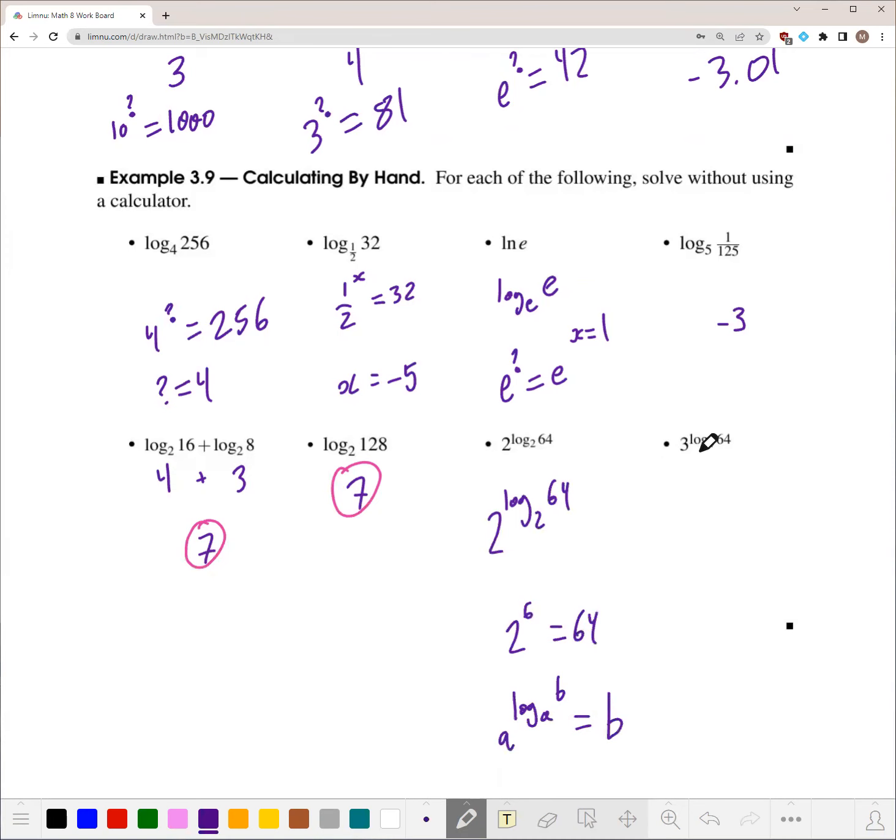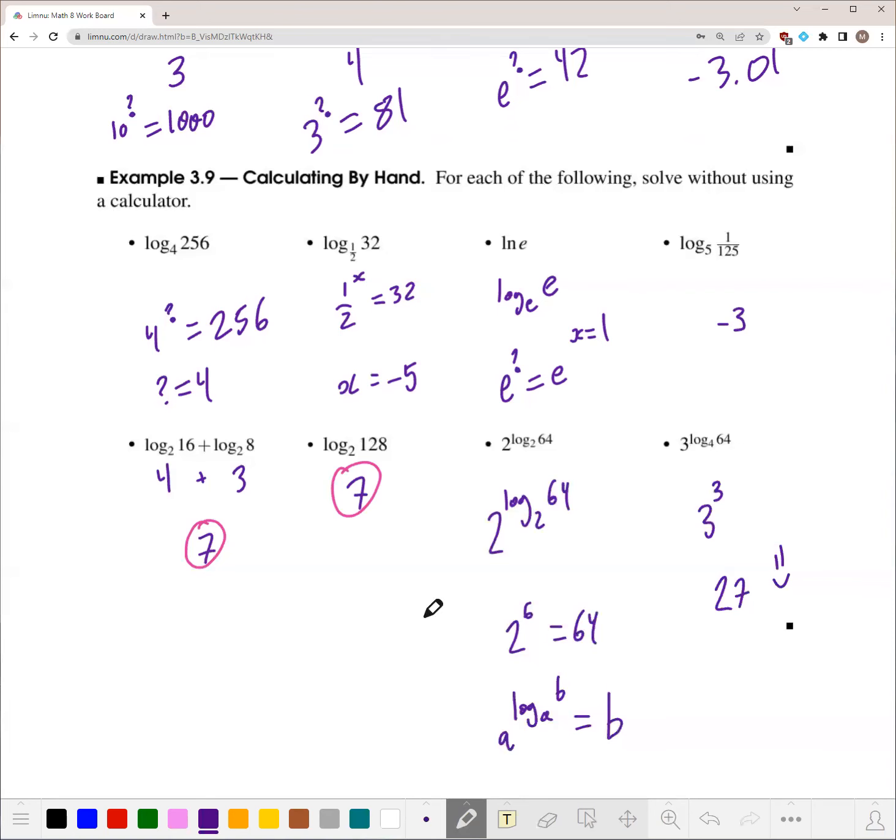Nifty. Now, in this case, I don't have the same base for my exponent as in the logarithm, so I should solve it out. This is ending up as 3 to the power of 3, because 4 to the power of 3 is 64, and 3 to the power of 3 is 27.